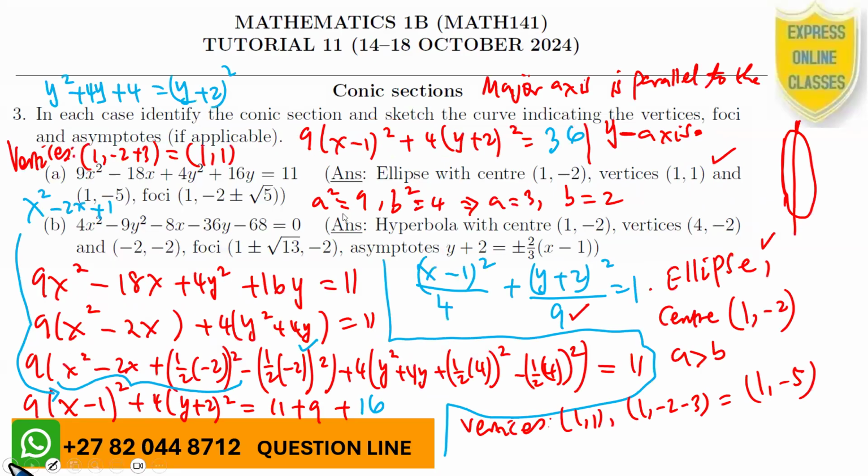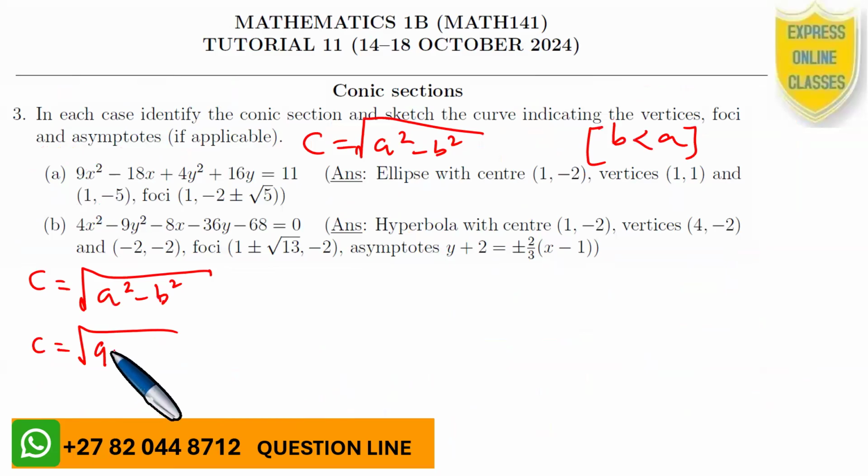If you look very carefully, our A squared is 9, our B squared is 4, so C becomes the square root of 5.